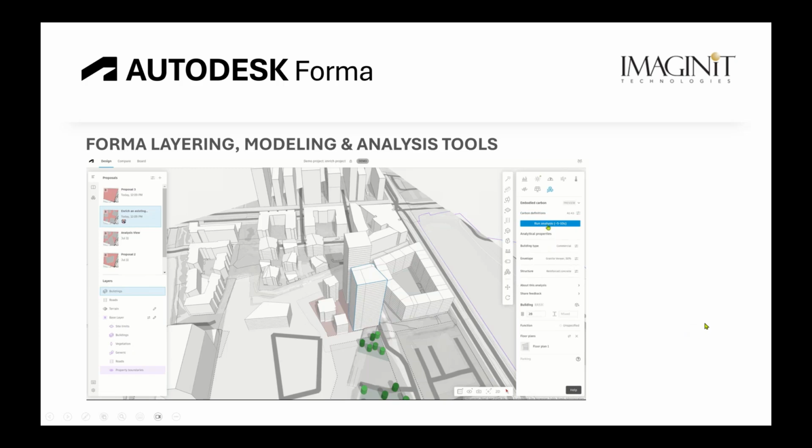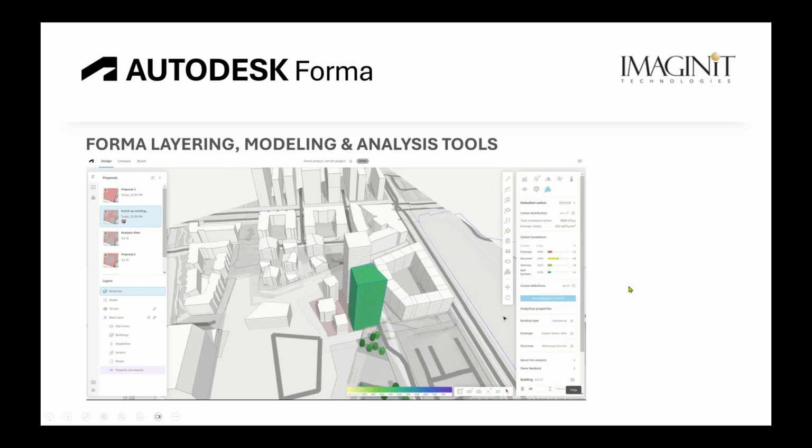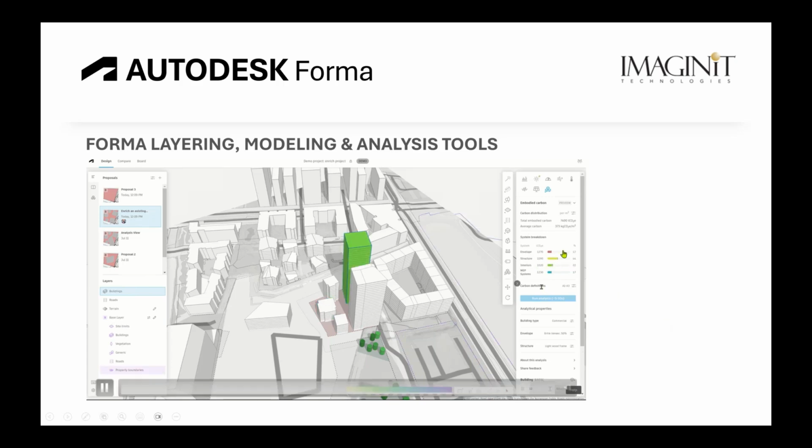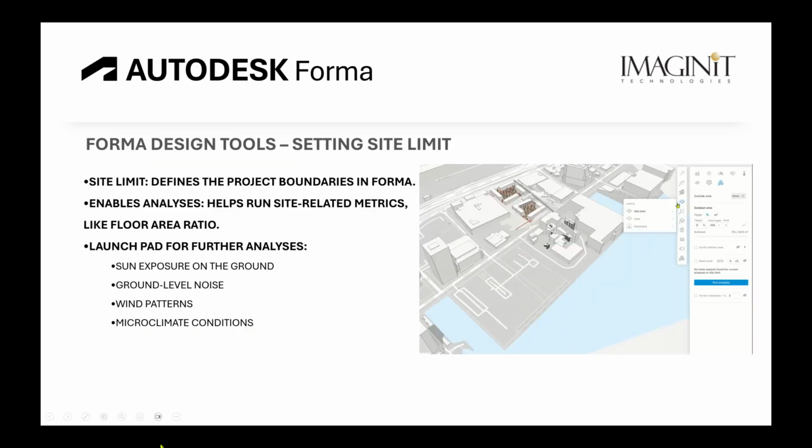You'd have to go through an exercise where you define the building type, the building envelope, and its structure for that analysis to run. As you can see from the early stage of the design, I can get a good insight or informed decision about my design.